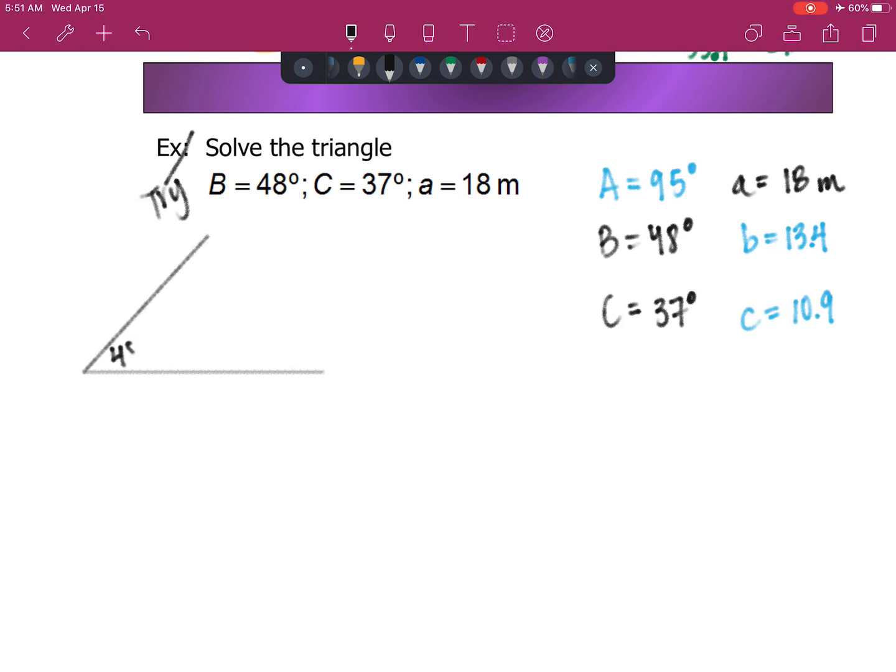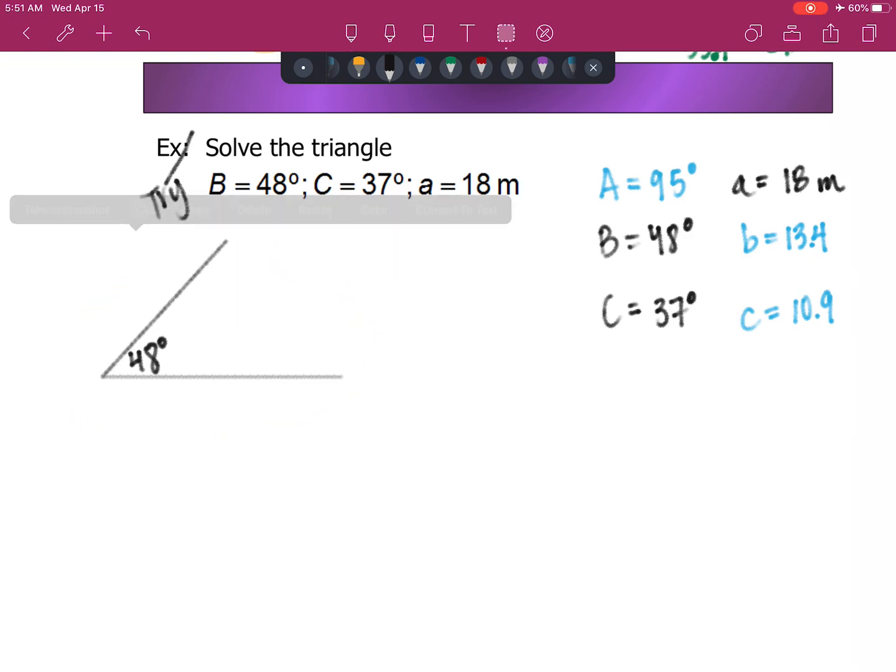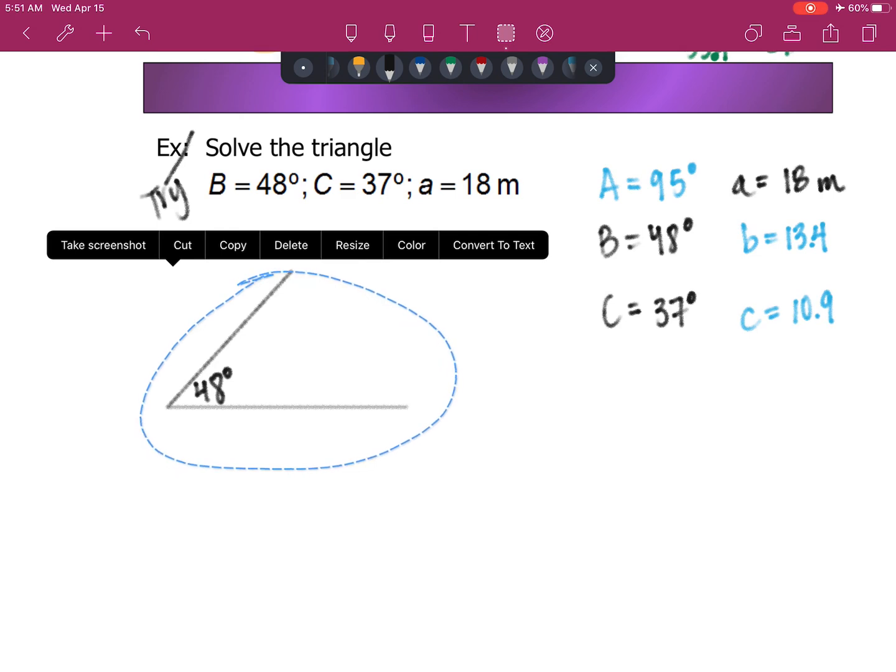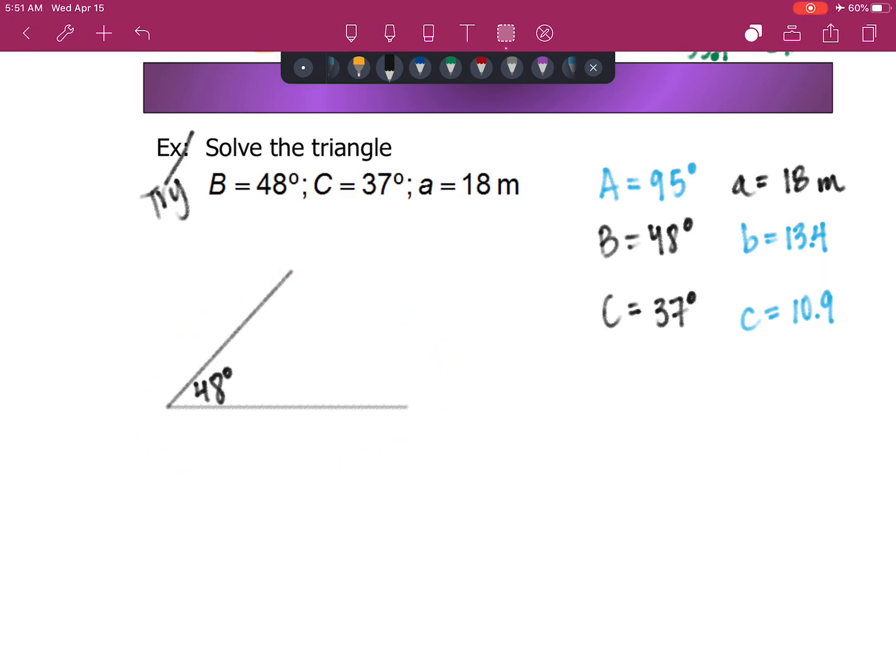Here's a picture, 48 degrees. And I'm going to have to move this because that's going to be tough, because now I got to draw a 37 degree angle. So I can draw a 37 degree angle right here. Let's do that. And then I could just go back and erase. There we go. And I'll just erase.